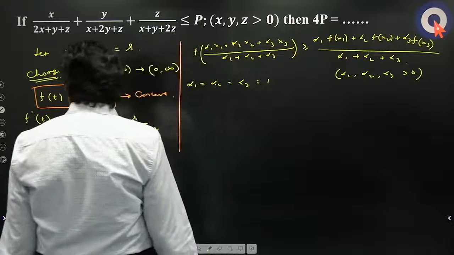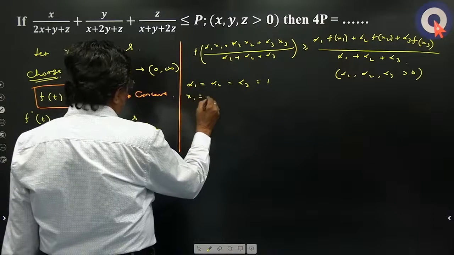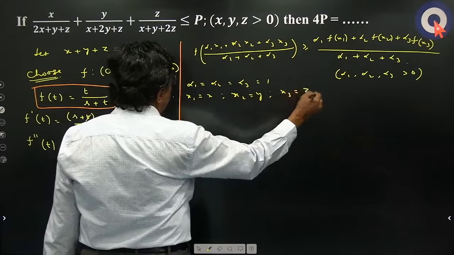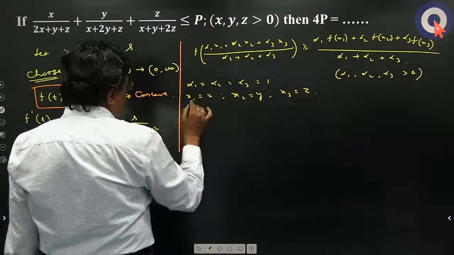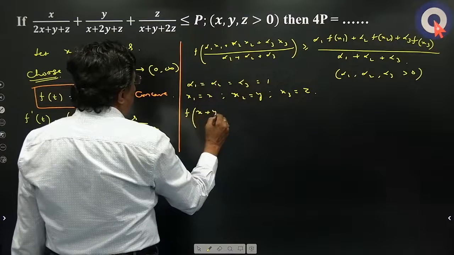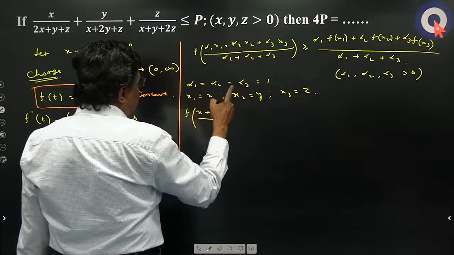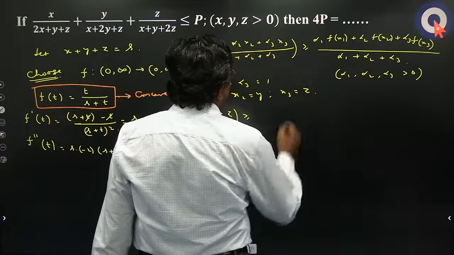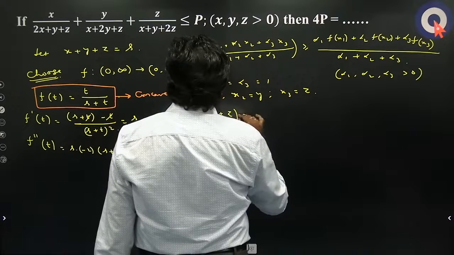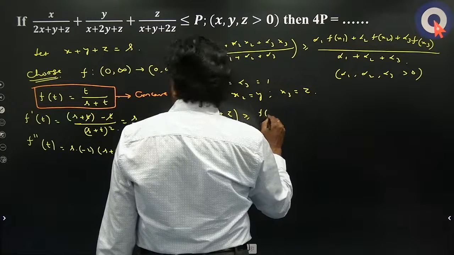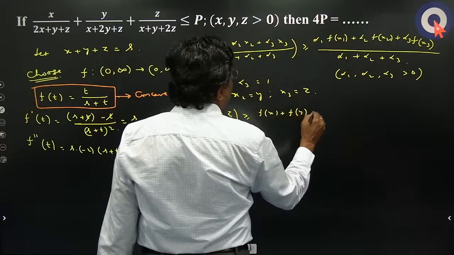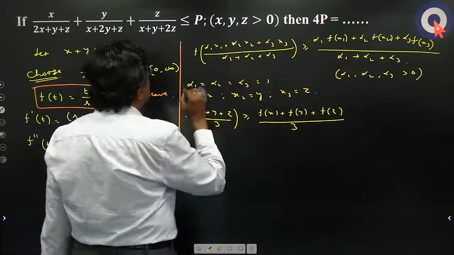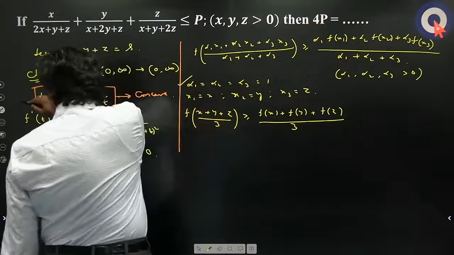I will also choose x in place of x1, y in place of x2, and z in place of x3, so that this becomes f of (x plus y plus z) by 3, since alpha 1 plus alpha 2 plus alpha 3 is 3, is greater than or equal to (f of x plus f of y plus f of z) by 3, because alpha 1 equals alpha 2 equals alpha 3 equals 1.